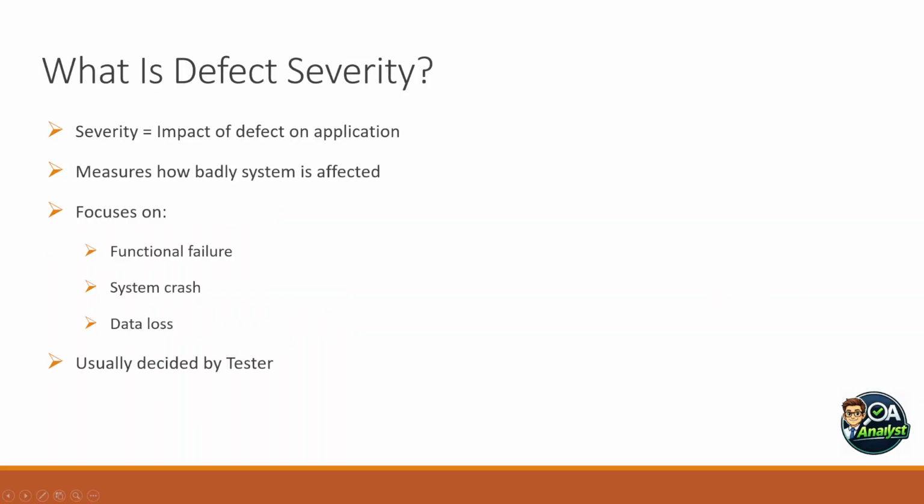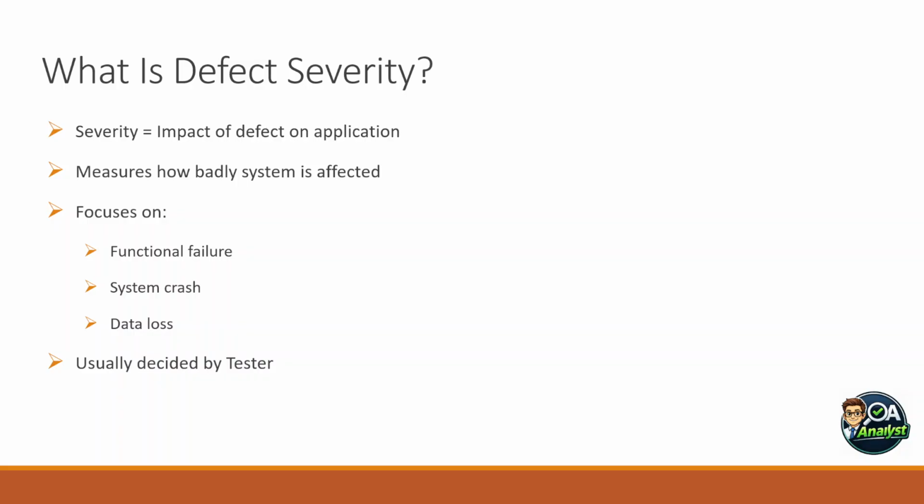Now let's focus on the first term, that is defect severity. Defect severity refers to the level of impact a defect has on the application. In very simple language, severity tells us how serious the defect is. When a tester assigns severity, the tester is asking: is the application crashing?